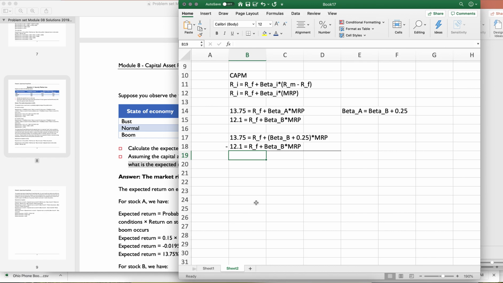So I already did the math on this, but you can do it if you want on your own. It's going to be 1.65 equals, when you subtract the risk-free minus the risk-free, it goes away. So we end up with beta B plus 0.25 minus beta B, and let me add some parentheses, times the MRP, market risk premium.